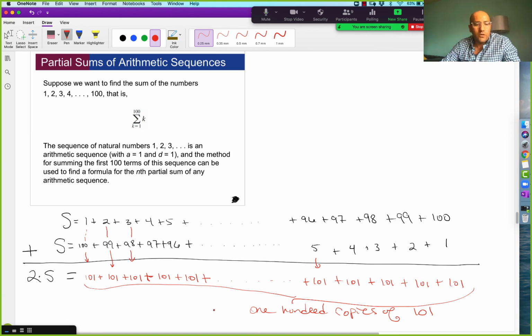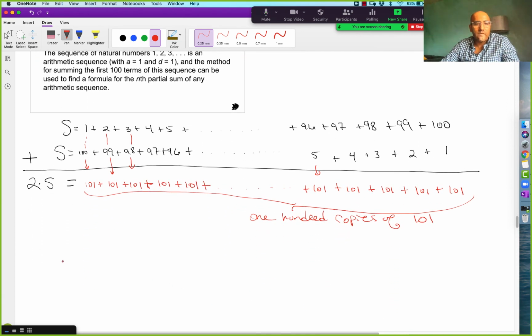Good. So all of that can be simplified as follows. This is equal to 2 times s equals 100 copies times 101. Any questions about that? No?